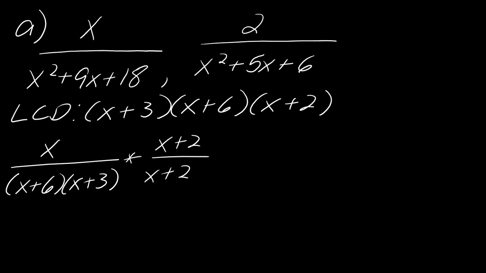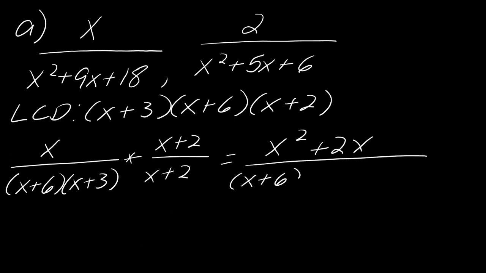And like I said, you want to get in the habit of distributing the top, so you do actually want to multiply out the top. So if I multiply these things together, I get x squared plus 2x, and then the denominator, I have all this stuff.